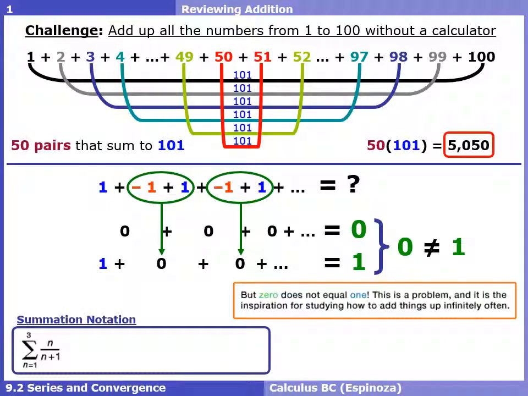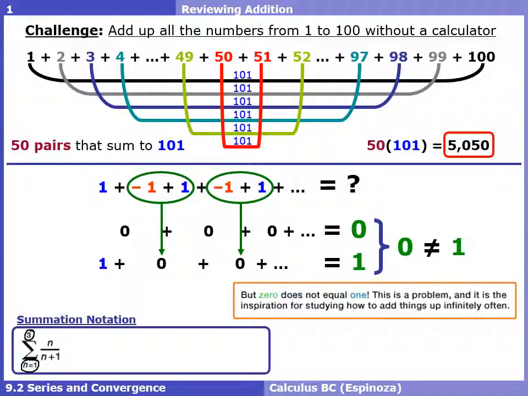So just some quick summation notation here, because we saw this way back in 4.2 when we did our Riemann sums. Hopefully you're okay with summation notation, but just a quick review. If we have this summation notation, it's telling us to start at n equals 1 at the bottom, and to stop once we get to n equals 3 at the top.